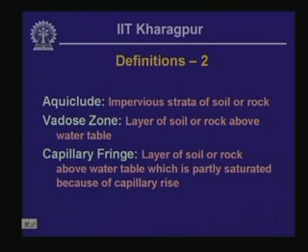The water table, simply stated, is the surface of saturated soils, and above that zone of saturation we have essentially partially saturated soil. Now the capillary fringe is a layer of soil which is partially saturated above the water table, and this layer gets partially saturated because of capillary rise of groundwater through it.